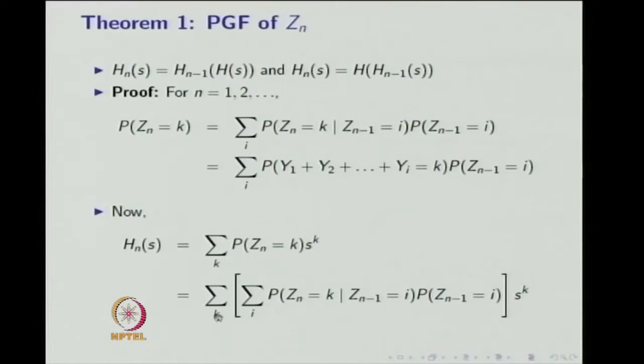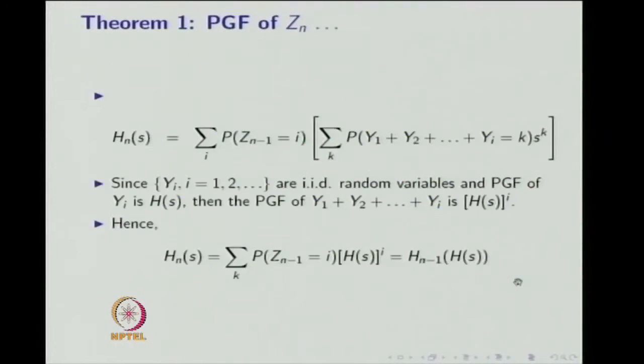Therefore, you will have a summation over k; substitute the probability of Zn equal to k, that is the summation over i of the conditional probability multiplied by the probability of Zn minus 1 equal to i, multiplied by s power k. Substitute the conditional probability, which is the probability of Y1 plus Y2 plus so on Yi equal to k, into s power k.